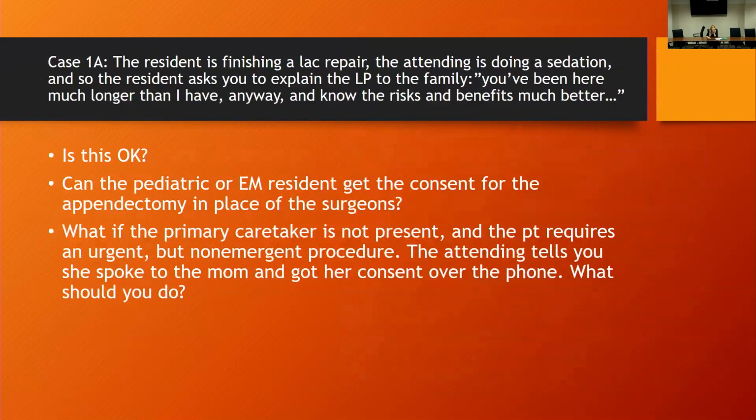So what if the primary caretaker isn't there? The patient requires an urgent but not emergent procedure. The attending tells you, Teresa, I spoke to the mom on the phone and she gave her consent. So what are you supposed to do? You have to have two people. Yes, our hospital policy says that you, Fran, can then call the mom back: I understand you spoke to Dr. Saulys just a few minutes ago about the procedure, I just need to verify.